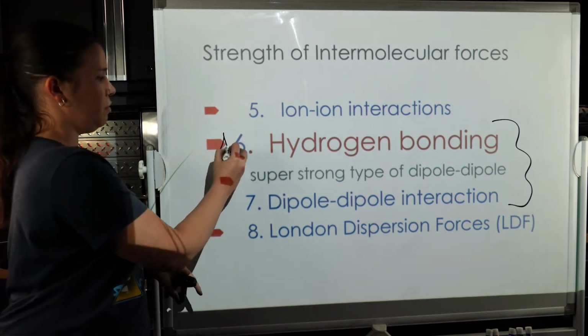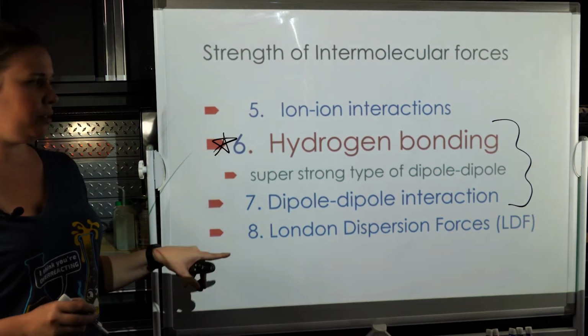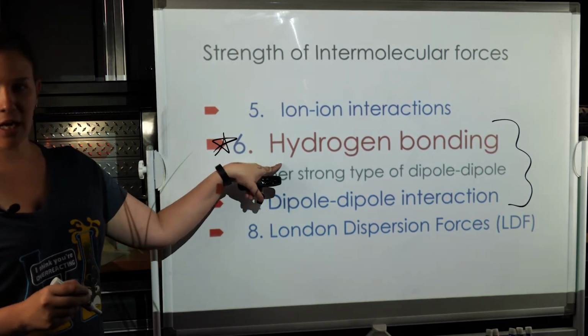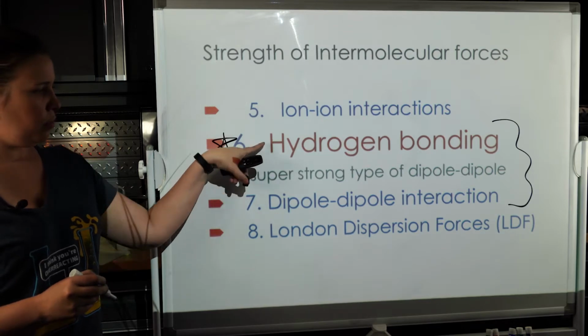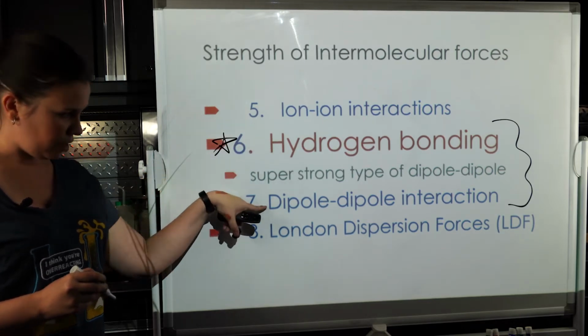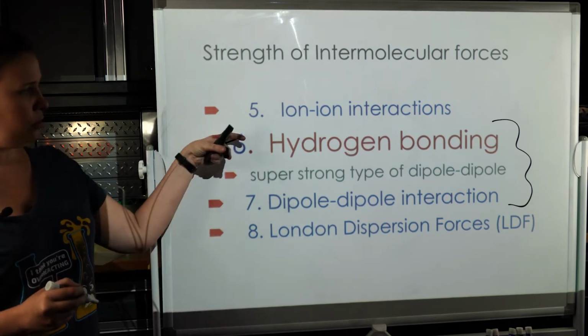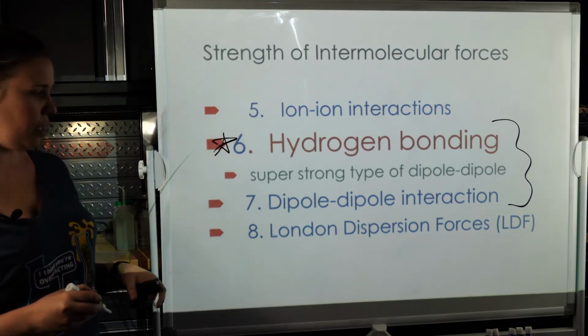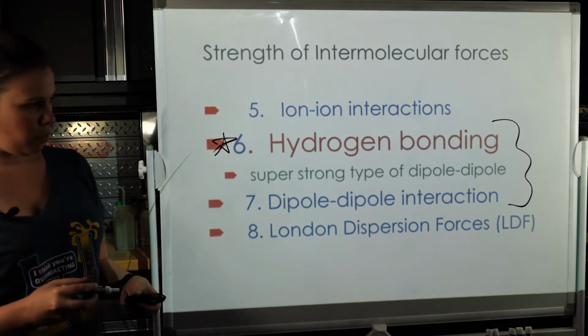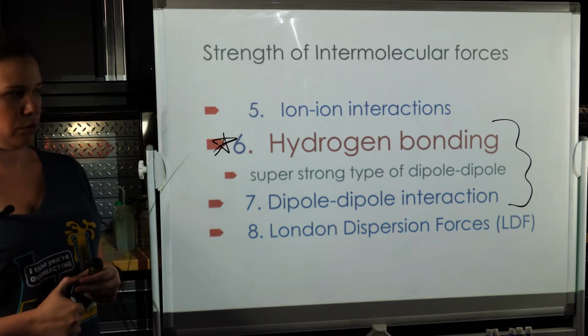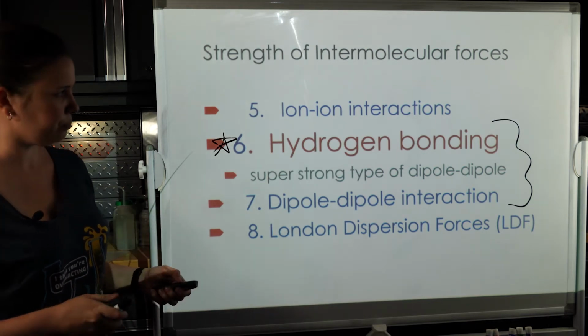This is actually going to be the focus of the lab that we're doing. So you want to make sure you pay attention to the hydrogen bonding part of these notes, but also know that they fit as a subcategory for dipole-dipole. Since this is in order of strength, though, you see the hydrogen bonding on top of the dipole-dipole. And then the last thing that we're going to talk about is called a London dispersion force, or LDF forces.